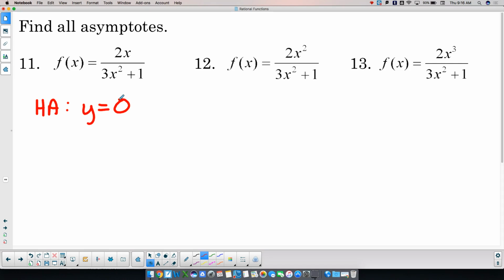What is it? Y equals 2/3. In number 13, is there a horizontal asymptote? No. So are there any asymptotes in number 13? No.